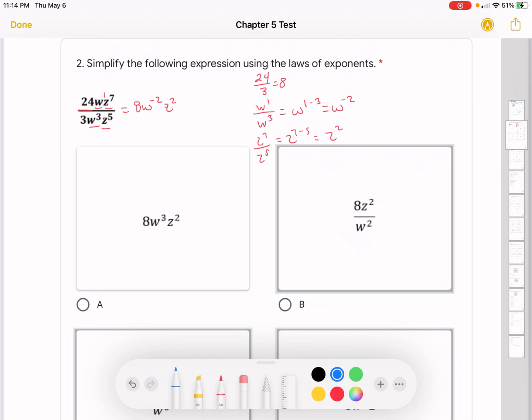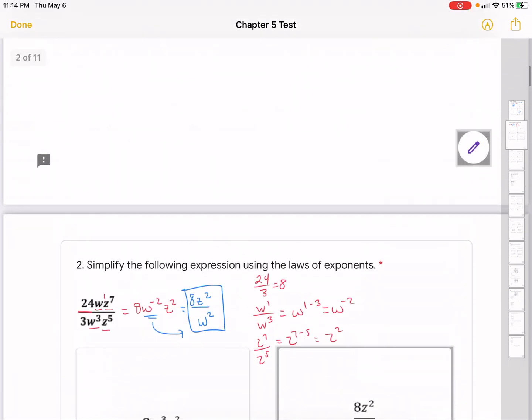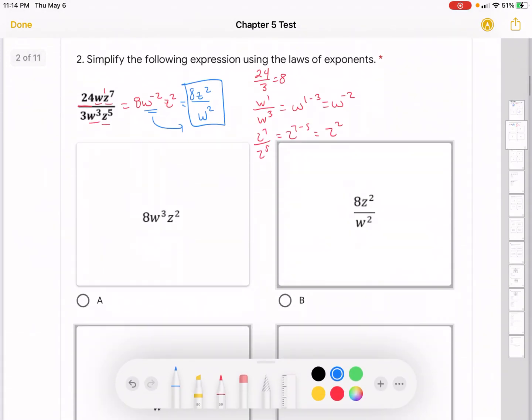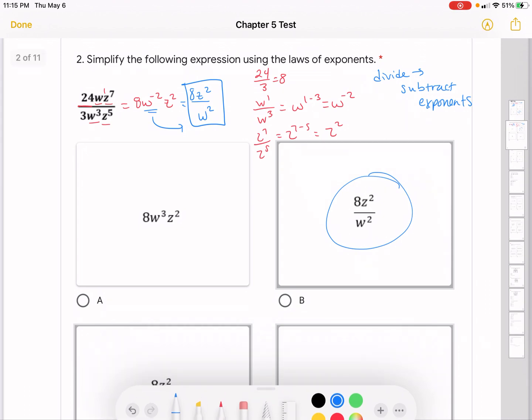Again, you don't want negative exponents, so we're going to rewrite our answer as a fraction, and the term with a negative exponent moves to the denominator to become positive. So here the answer was B.